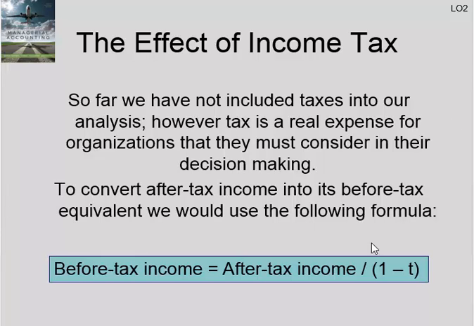The pre-tax amount is the number you're basing your calculation on arriving at. You have to divide the after-tax amount by 1 minus the tax rate, so it will become a larger number as a pre-tax amount. And then you do your calculations based on that.